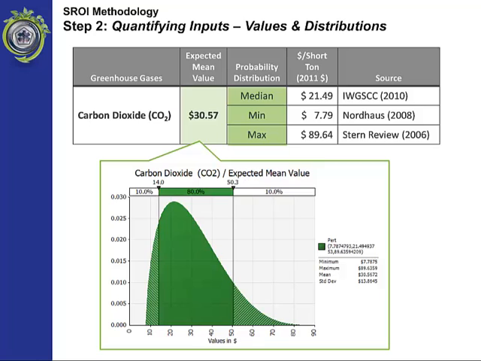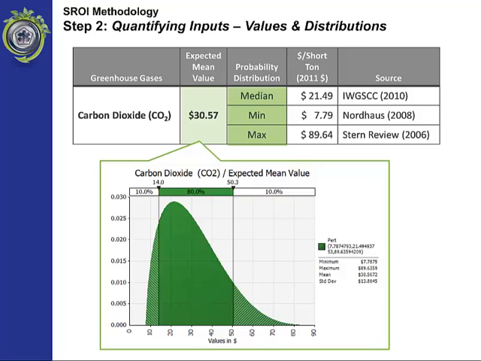The minimum value is derived from the 2008 William Nordhaus book, A Question of Balance, and the maximum value is based on Nicholas Stern's 2006 The Economics of Climate Change. The mean or average of the dataset and standard deviation, which measures how spread out the dataset is, are also calculated.